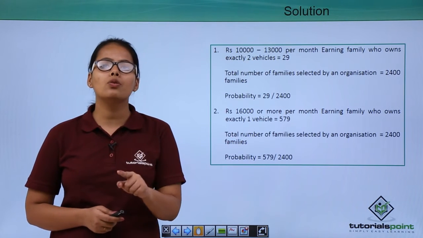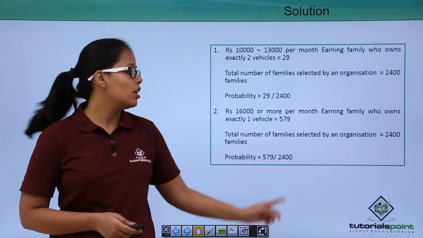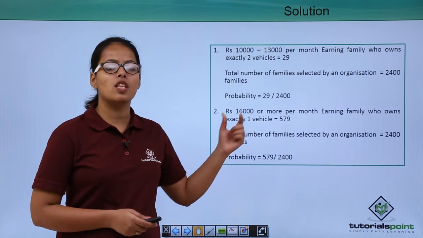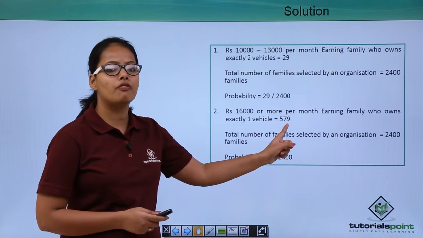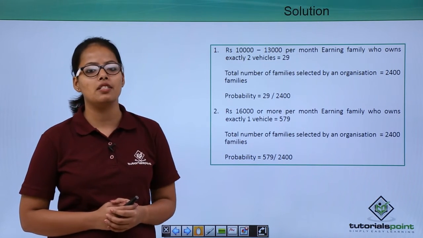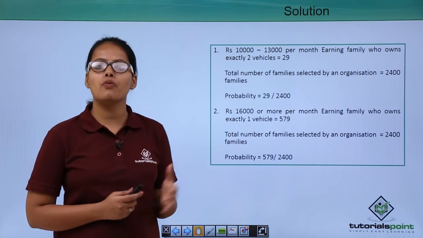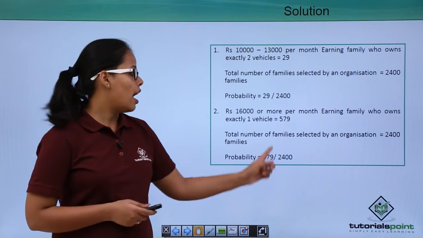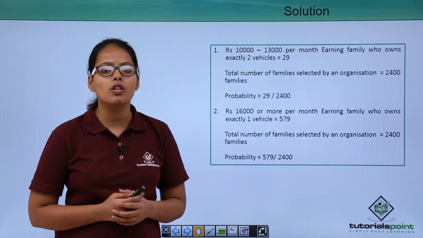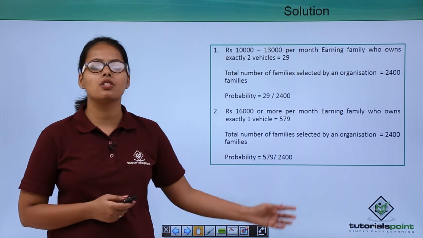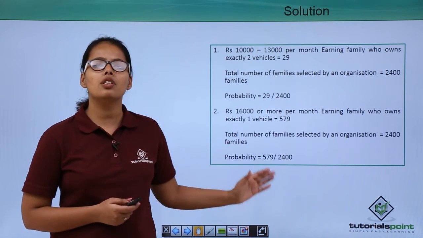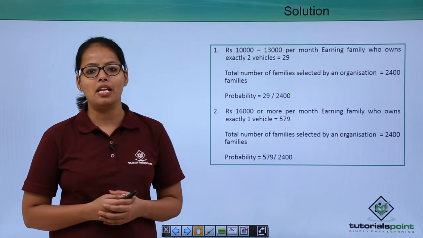So let's go back to the data and see the table with exactly 1 vehicle and this income level. There are 579 families. So this will become the number of ways the event can occur, and the total number of outcomes, which is the total number of families, is equal to 2400. So this ratio will become the probability.